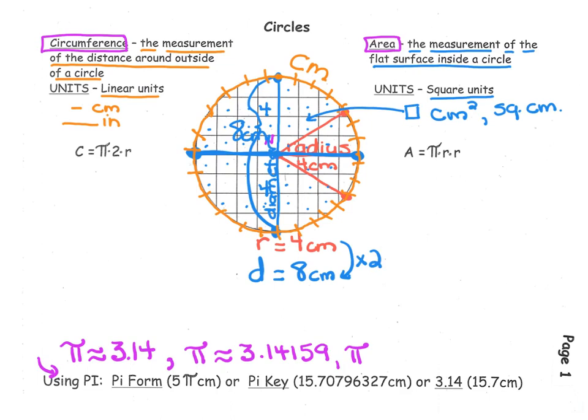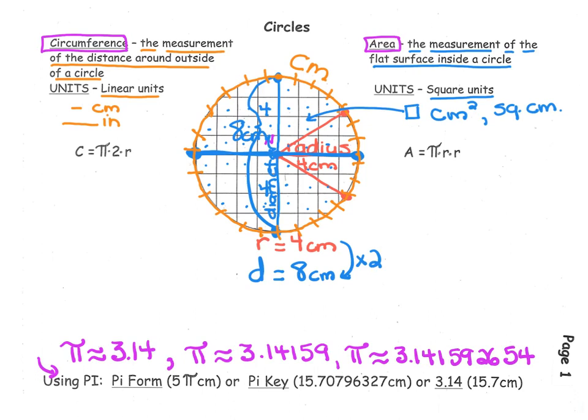And then the final value that we're going to use quite often is the rounded version of pi stored under the pi key, and its value, which is a rounded value, is 3.141592654. All you have to do is press the pi key, and that rounded value of pi will appear on your screen once you hit the equal sign.